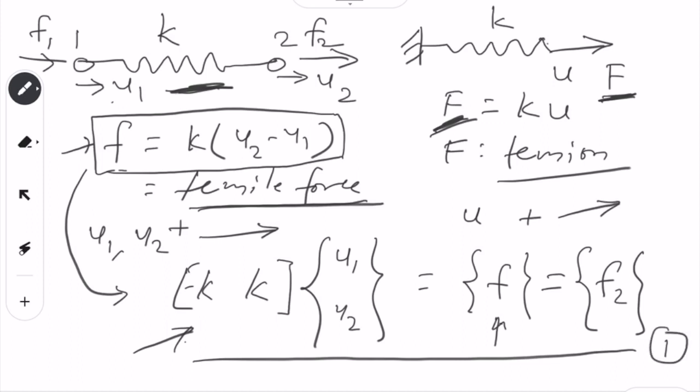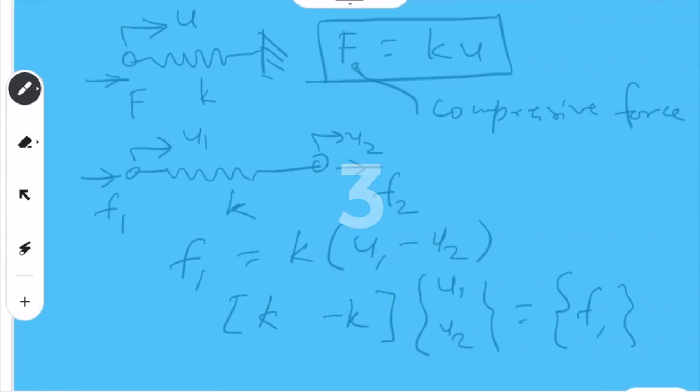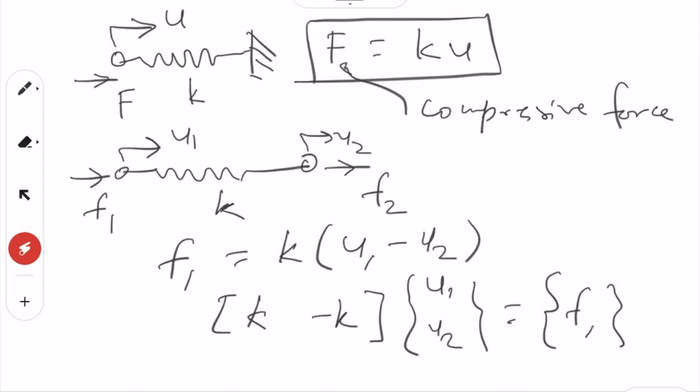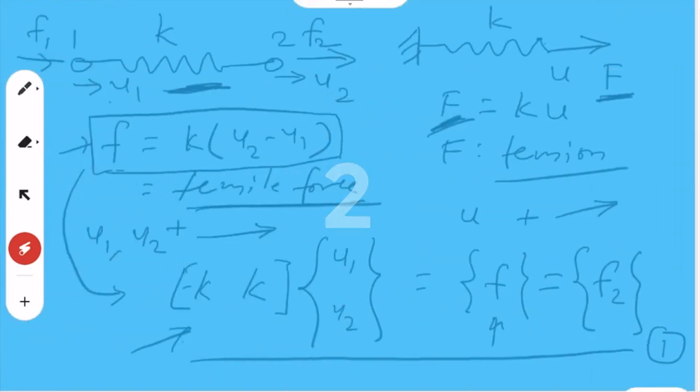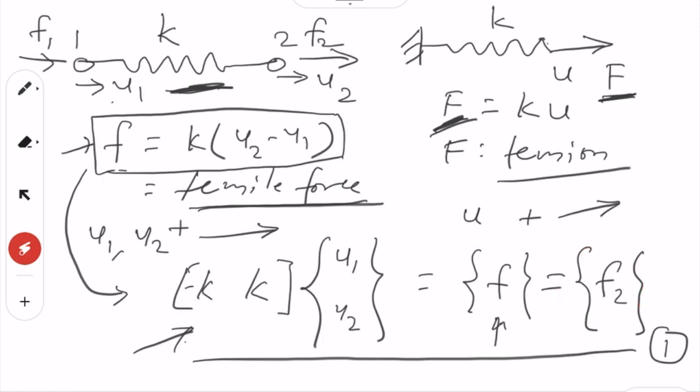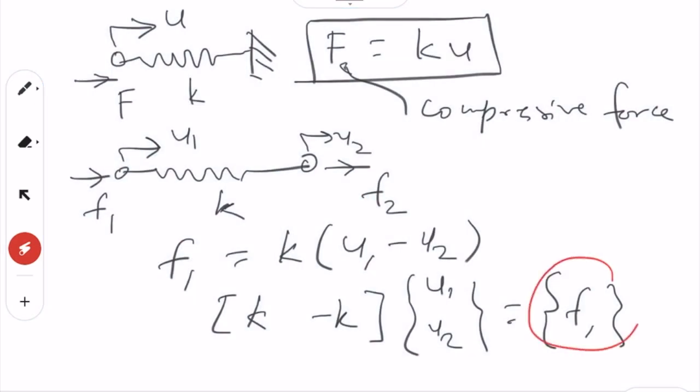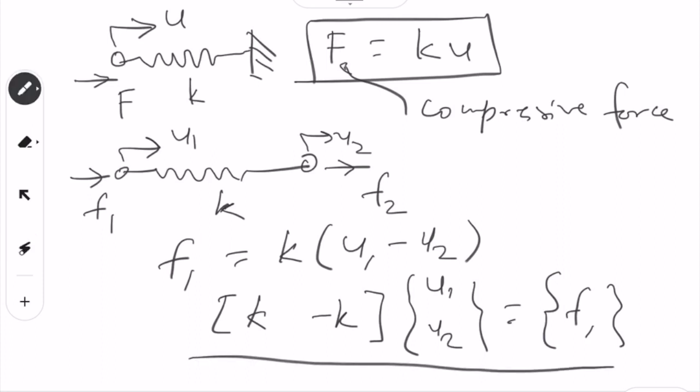Then minus k, k times u1 u2 equal to f2, and this is the second equation. This is just opposite: the previous case it was minus k and then k, here it is k first and then minus k, and this remains the same in both of them, and instead of f2 you have f1 here. Let us call this equation number 2.